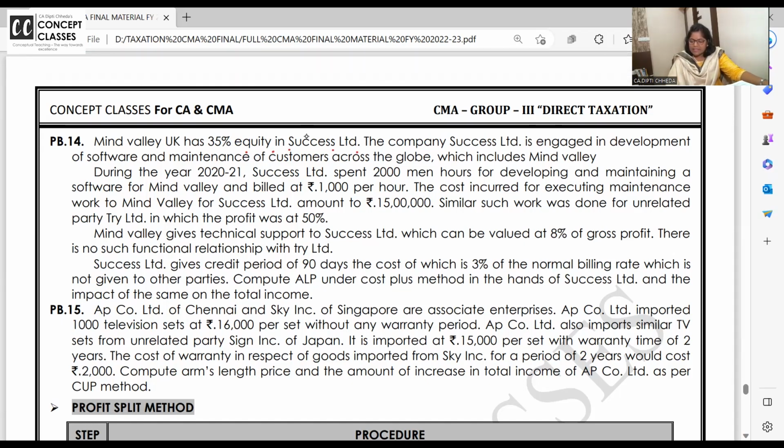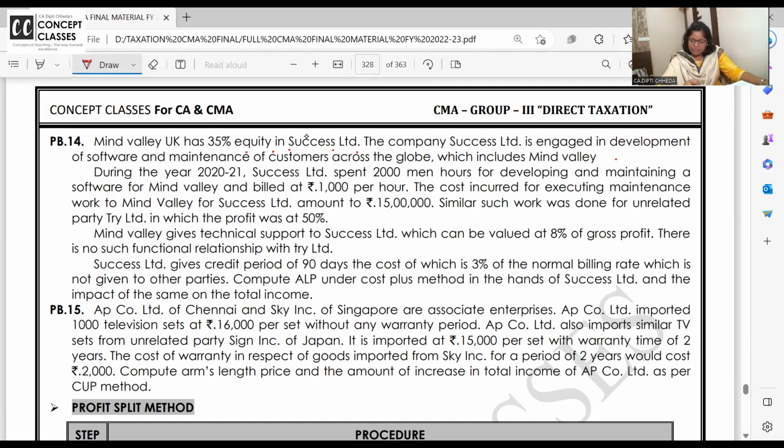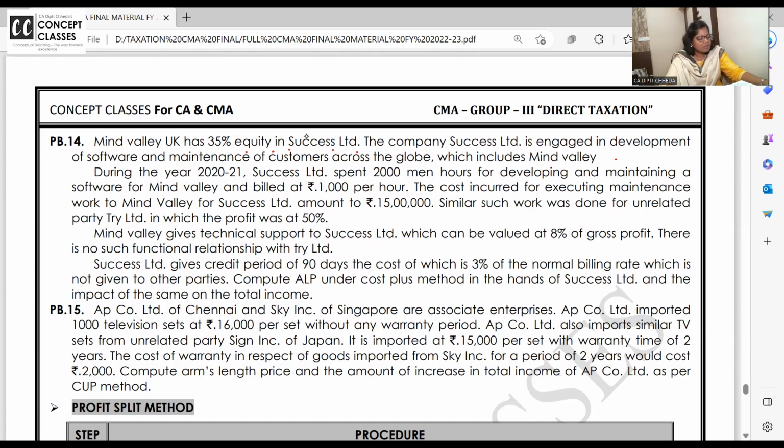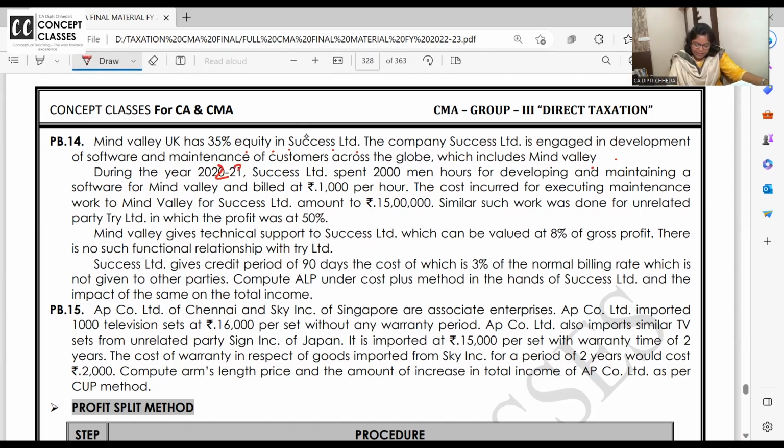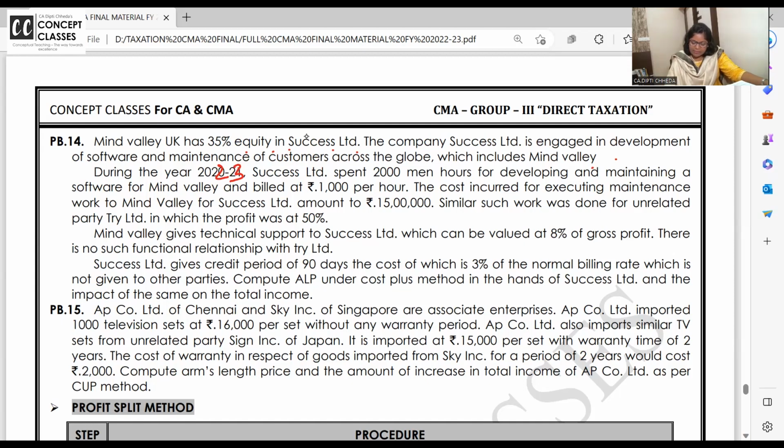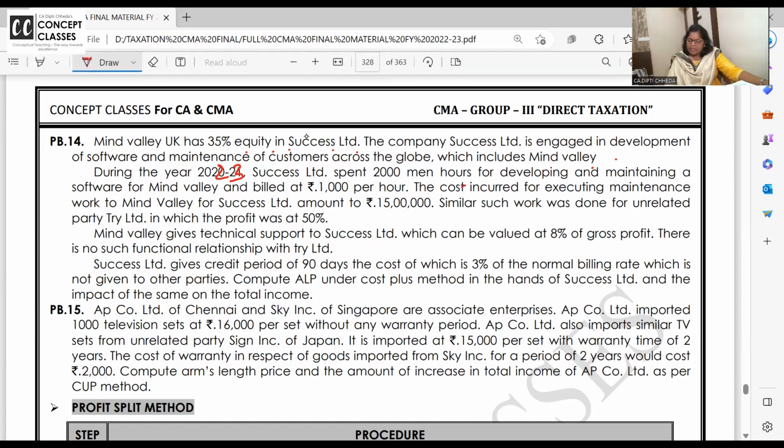The company Success Limited is engaged in development of software and maintenance of customers across the globe, which includes Mind Valley. During the year, Success Limited, same concept, exactly same. Success Limited spent 2000 man hours for developing and maintaining a software for Mind Valley.